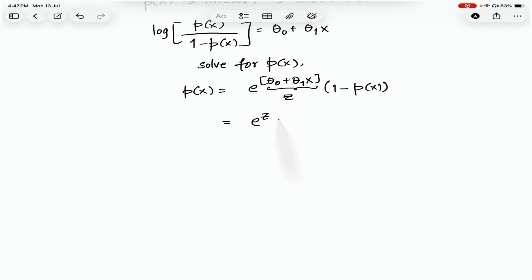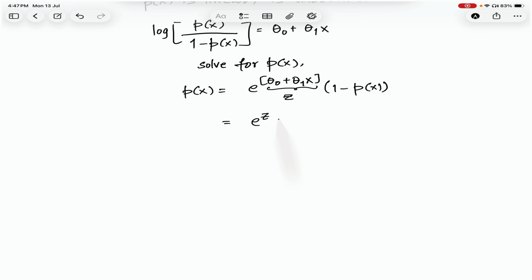Your log of x1 times x2 times all the way up to xn, and we know that log of ab is equal to log a plus log b, so you'll have this, which is the same as what we have written here. And also we know that log of a power b is b times log a.